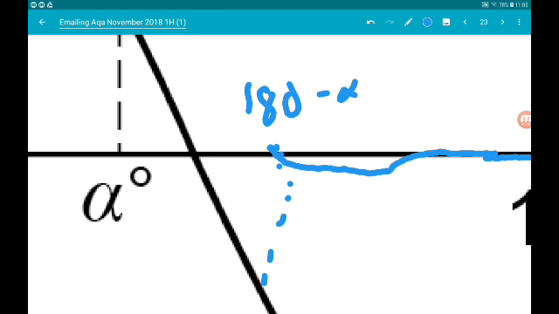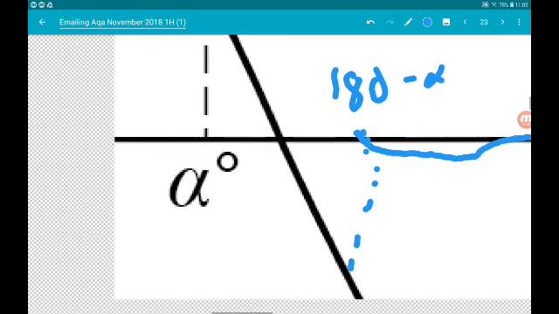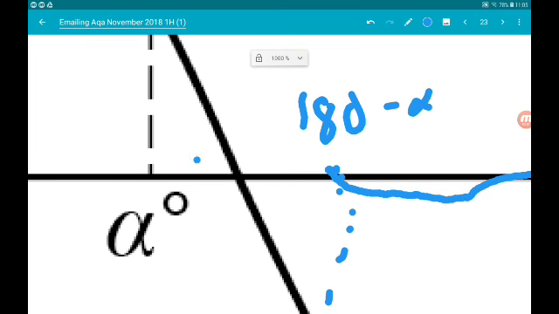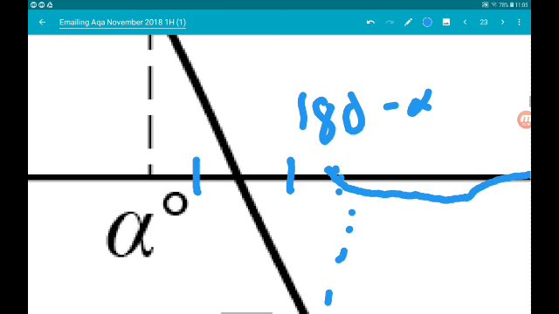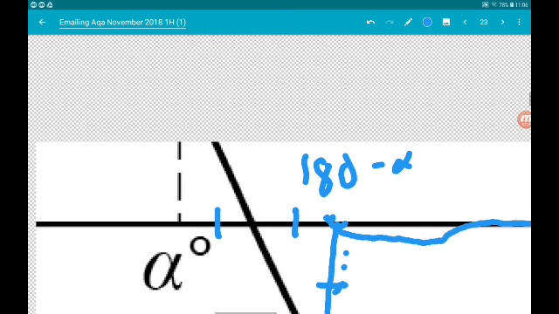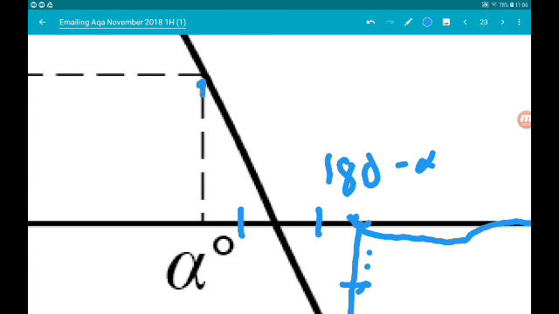Now remember, trig graphs are really symmetrical. So this distance here is going to be the same as this distance here, which means that this distance here is the same as this distance here.